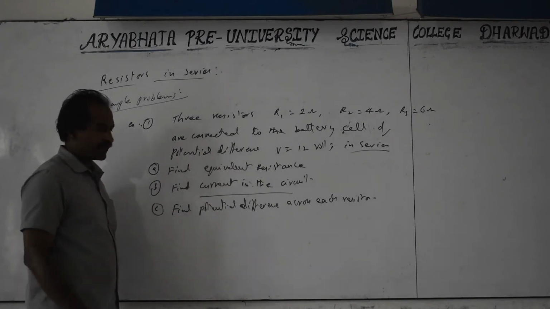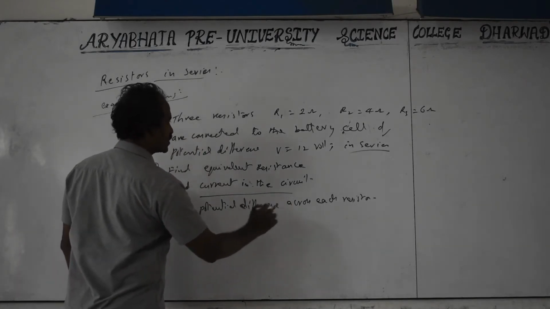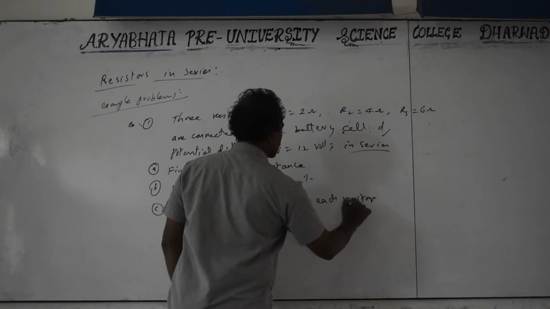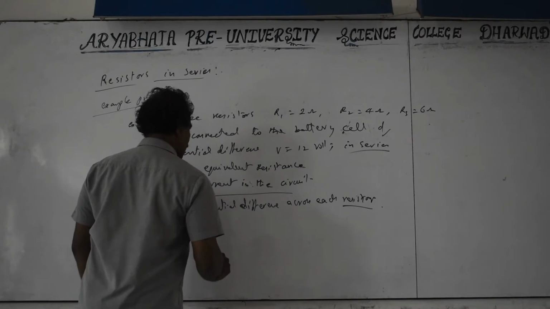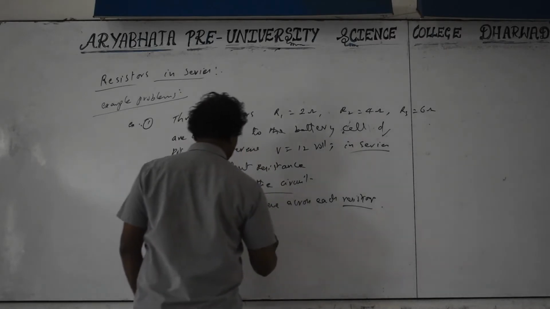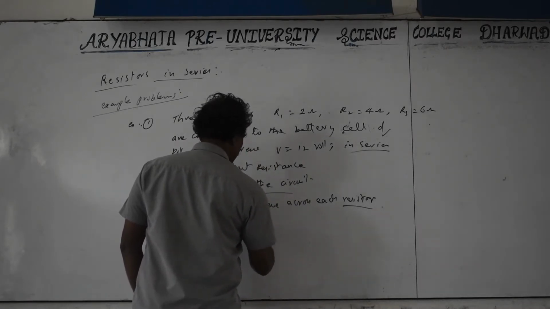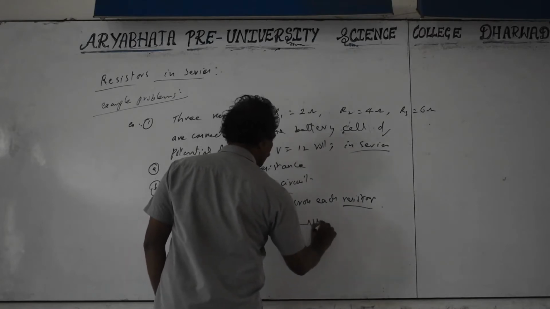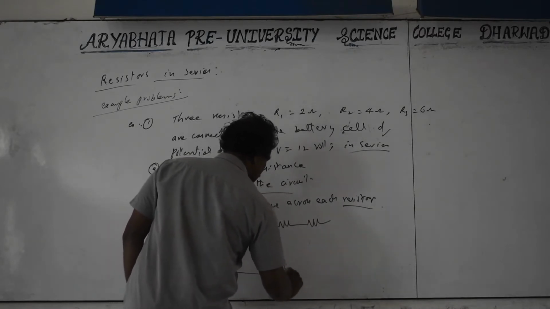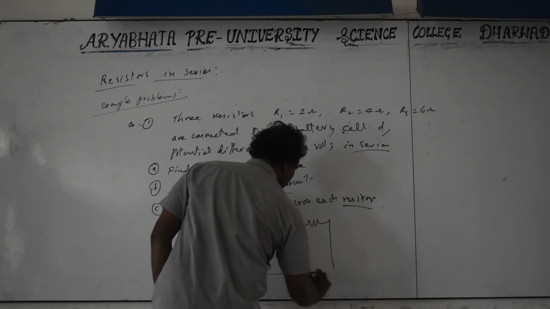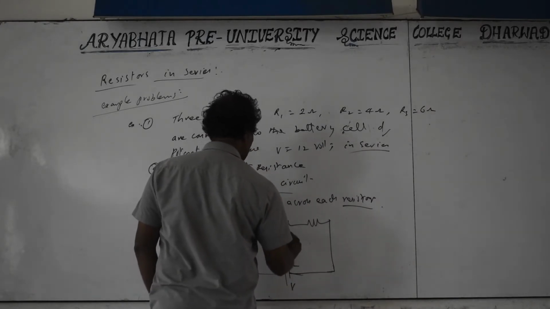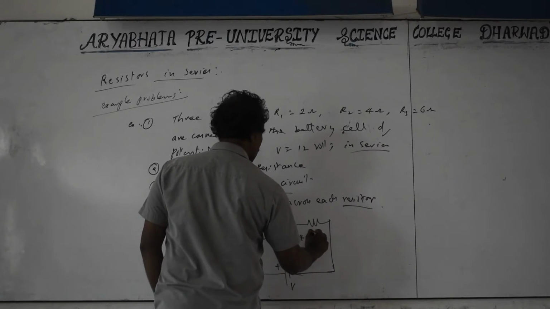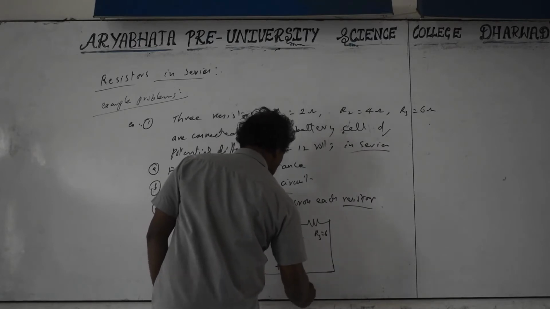Here current is flowing. Find the potential difference across each resistor. A diagram is not compulsory, but if you draw it, it will be comfortable to use. So 3 resistors R1, R2, R3 are connected in series to the battery of potential difference V. R1 is 2 ohms, R2 4 ohms, R3 6 ohms, and V is 12 volts.